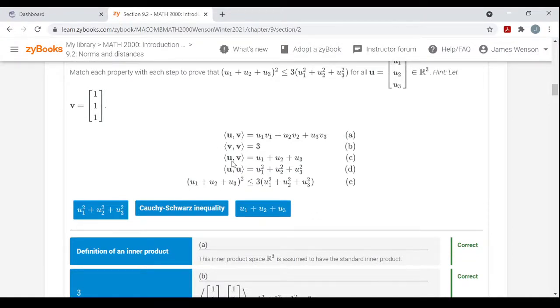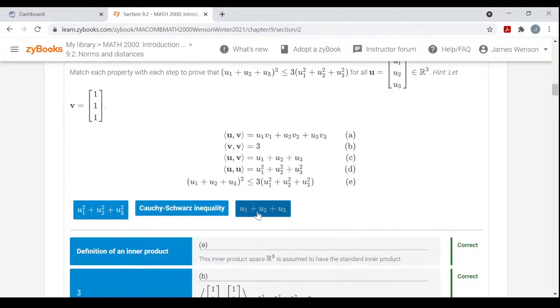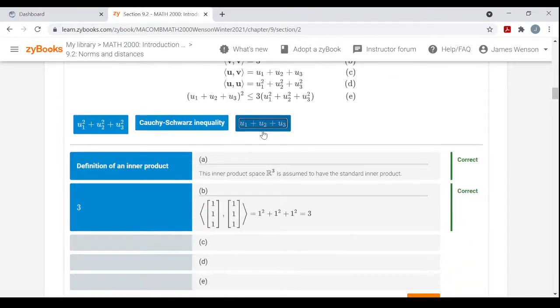Same thing here. If u is defined to be this any vector from R3 and v is 1, 1, 1, then the inner product, dot product in this case, of u with v would be u1 plus u2 plus u3. So I guess I'll just put this in step C, the u1 plus u2 plus u3.